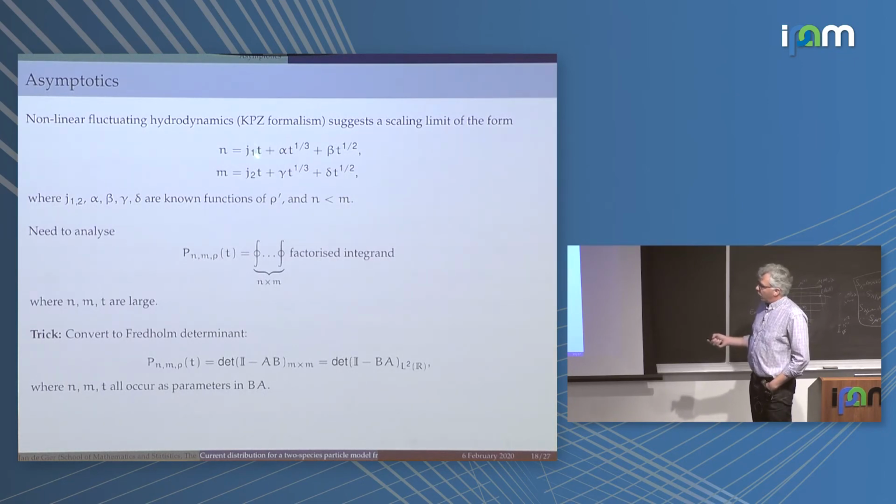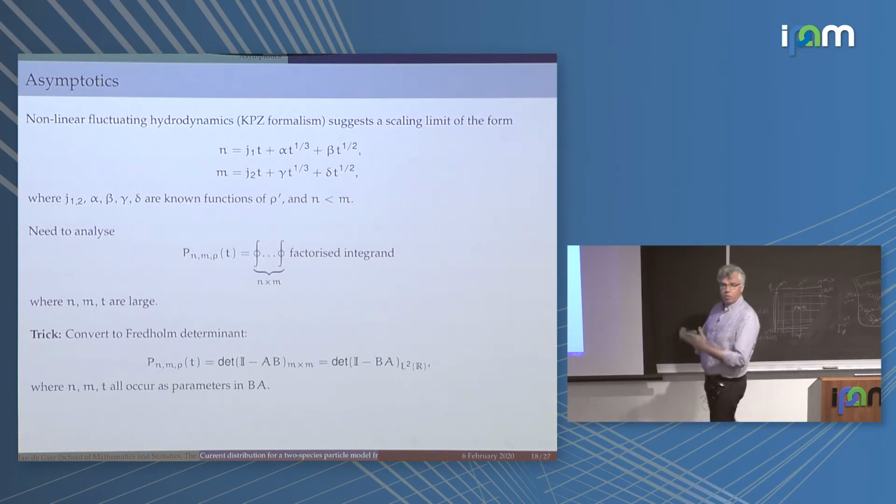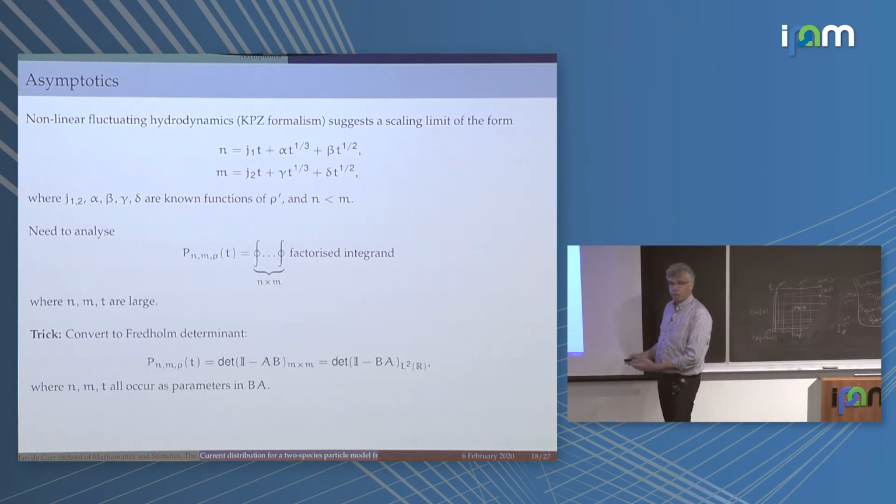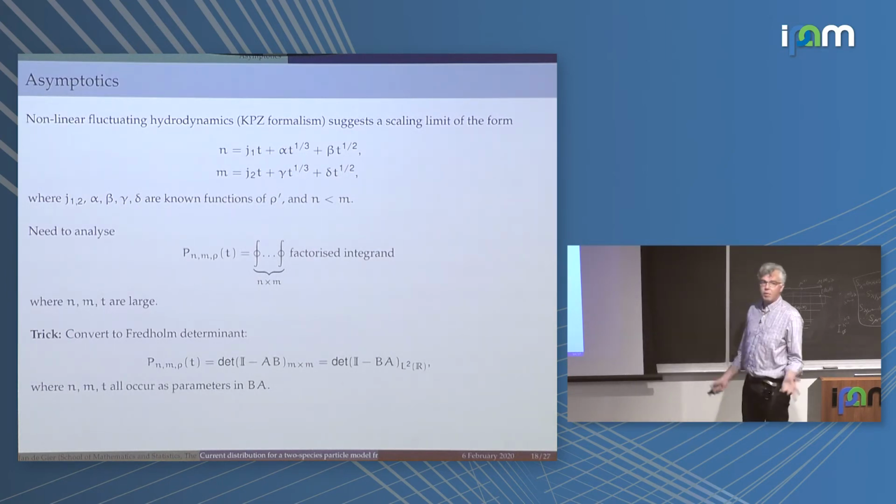And all these J1, J2, alpha, beta, gamma, delta are known functions of the model parameters. They're not unknowns, they are just known. I didn't want to write them because they're clumsy, cluttered functions.